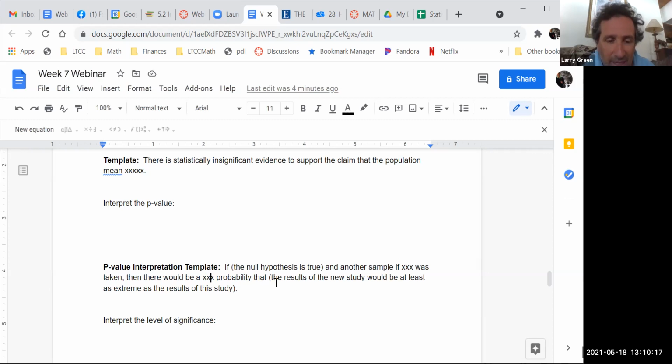Then in parentheses, I write: the results of the new study will be at least as extreme as the results of this study. So in the case of the pH in the water, that would be that the results of the new study will show that the pH is either less than 6.9 or greater than 7.1. Any questions on the p-value template?